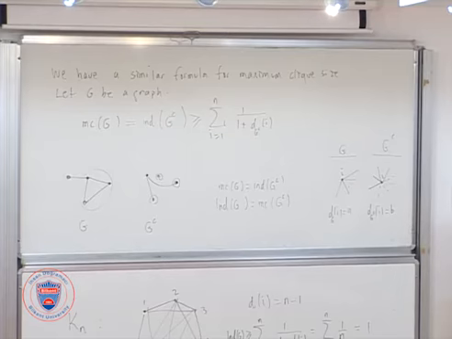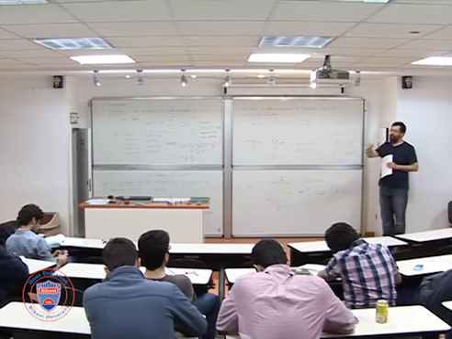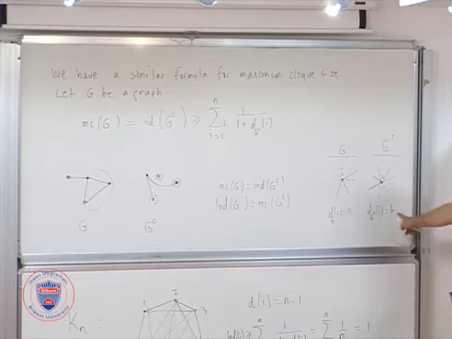So if you have a vertex, its degree in G is A, its degree in the complement graph is B. What can you say about A and B?